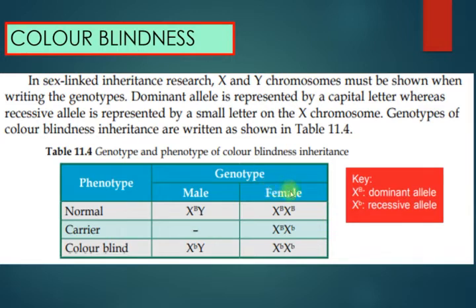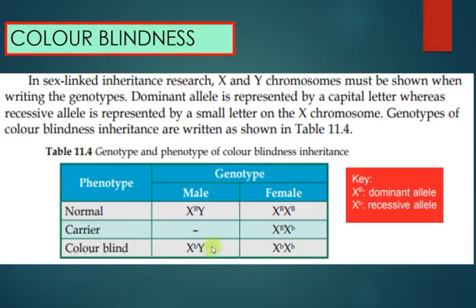For the female there is a carrier, represented by the genotype X big B, X small b. Small b refers to the recessive allele, big B to the dominant allele. This is heterozygous and acts as a carrier, because the female has one X chromosome with a recessive allele.